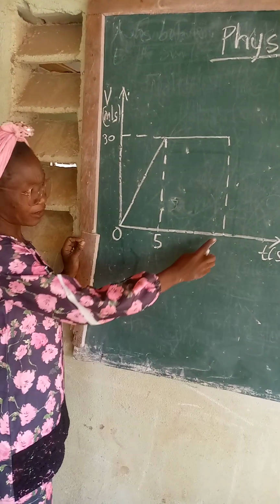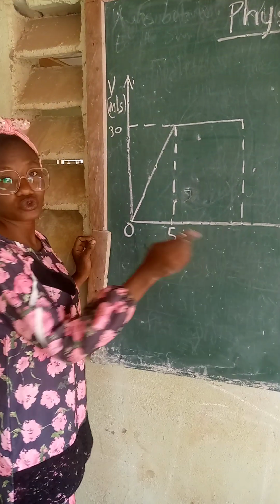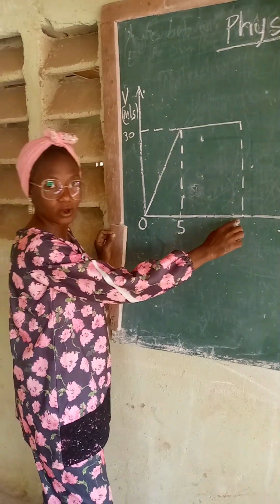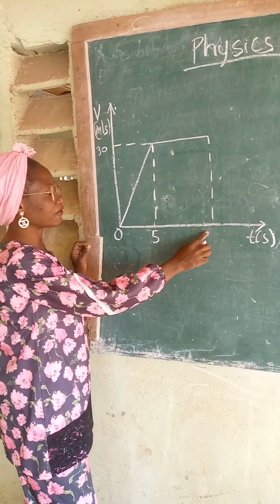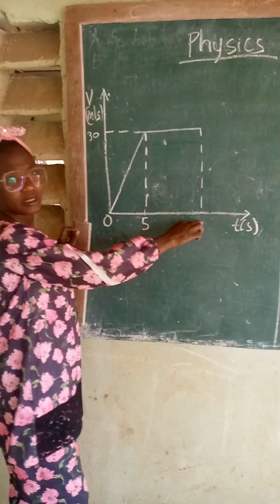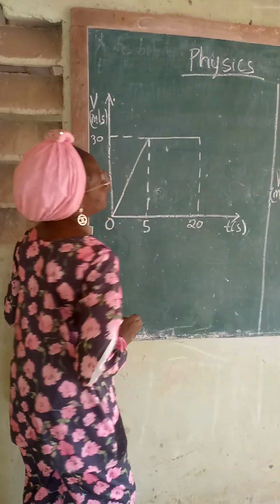We are not going to be writing 15 seconds here. Instead, we'll do a summation. 15 plus 5 will give us 20. We will not be writing 15 here, because if you write 15 and you want to find change, 15 minus 5 will not give you the value here. So 15 plus 5 will give us 20.